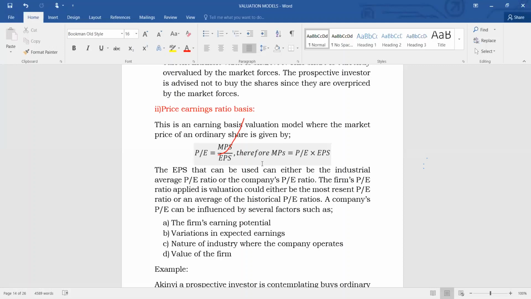Performance? Evaluation ratios, or equity ratios? Some people call it evaluation or equity. The class of earning per share, earnings yield, dividend per share, dividend yield, price earning ratio, and book value per share.